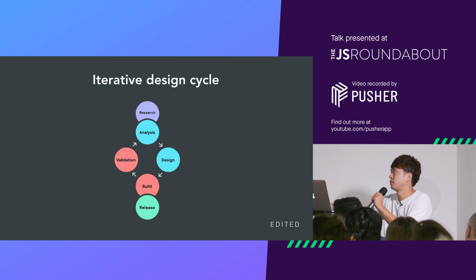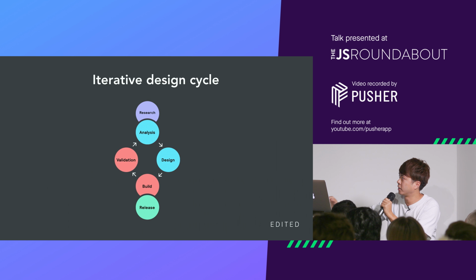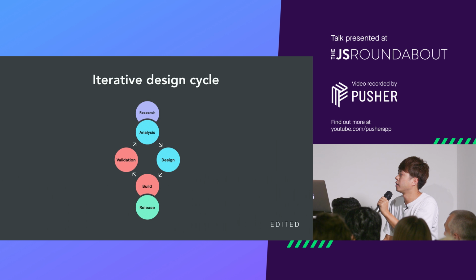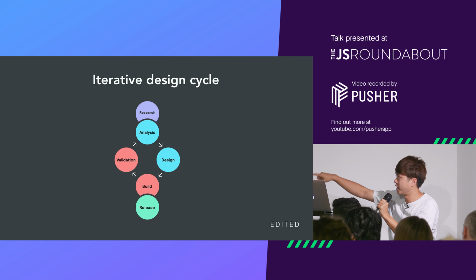So instead of a waterfall process, we would like to have an iterative design cycle. It's similar. At the beginning, we have the product owner do research, but slightly differently, we have a cycle, a loop in the middle.